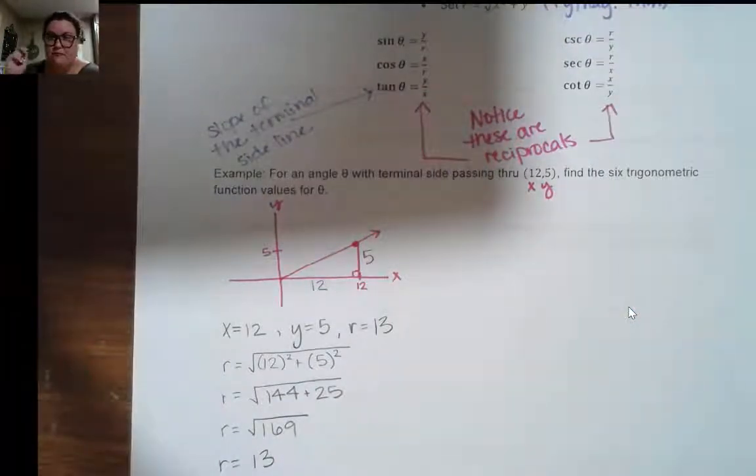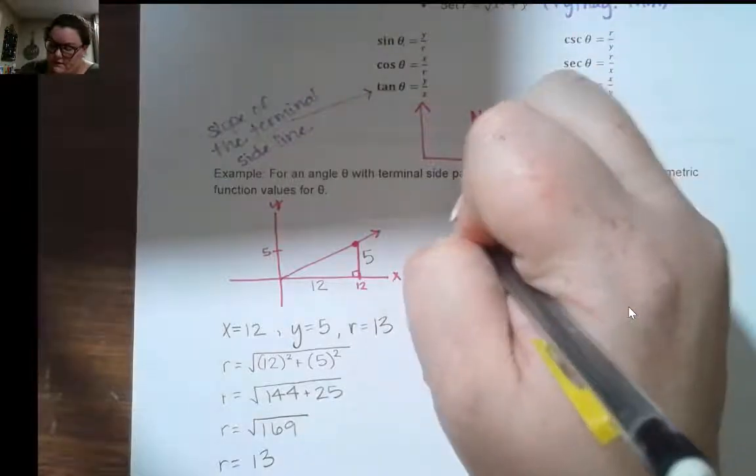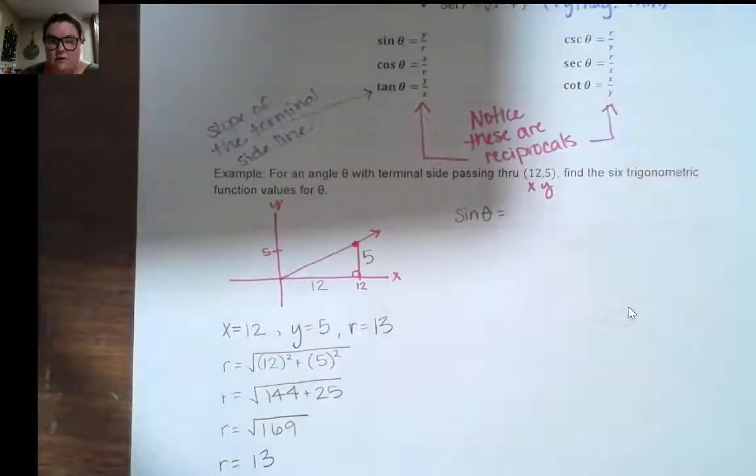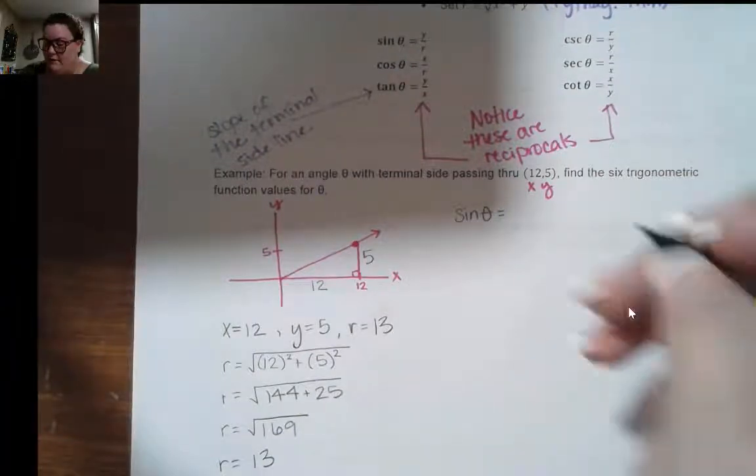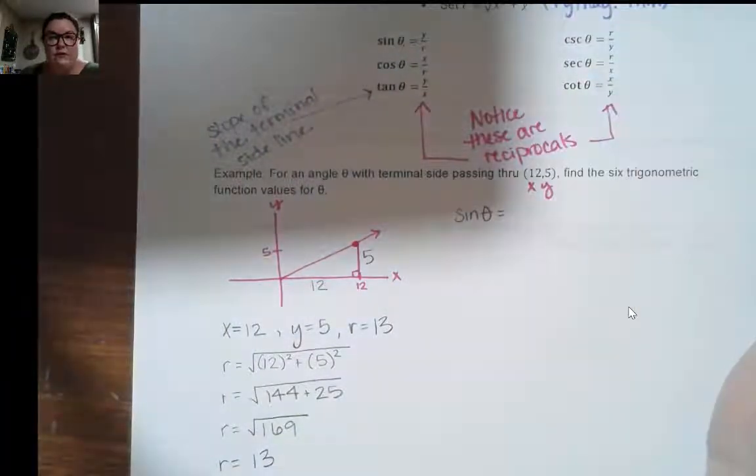Make sure when you write these out that you're writing your computation or your formula. In other words, I want to see sine theta equals, and then your answer. I'm going to write out the little formula just so that we get used to it.